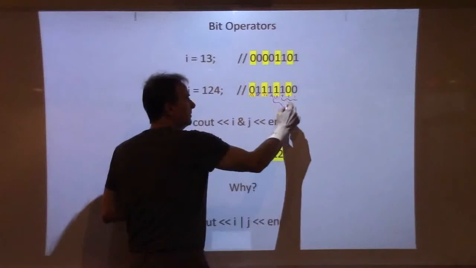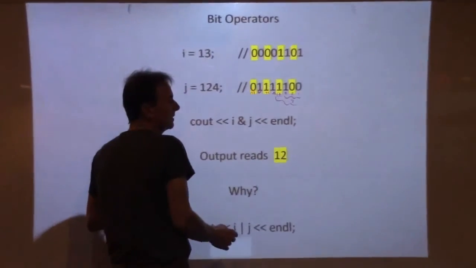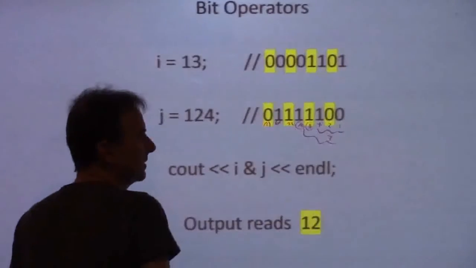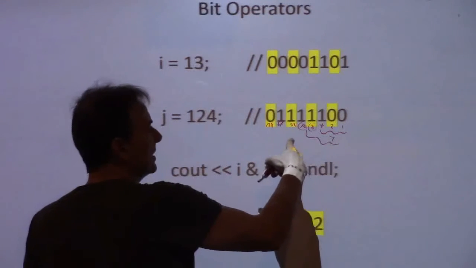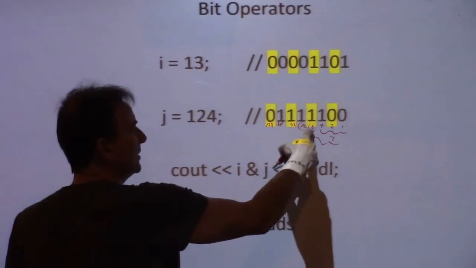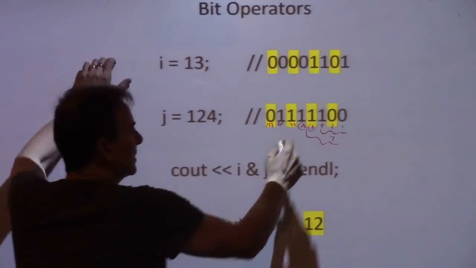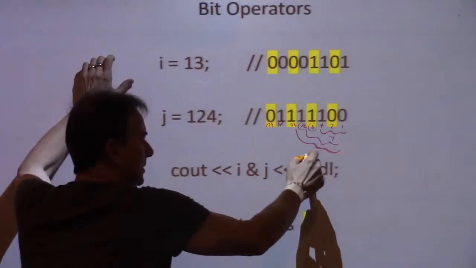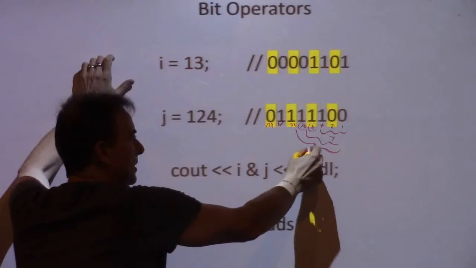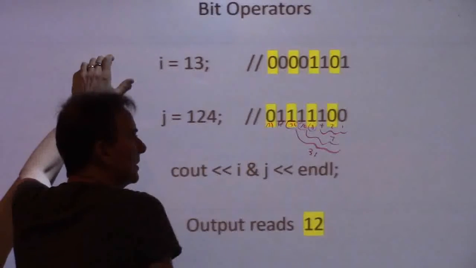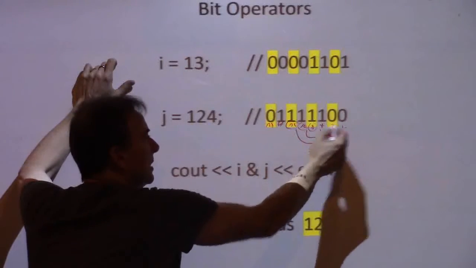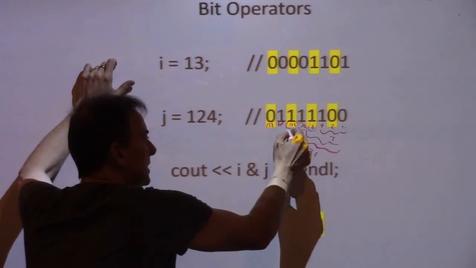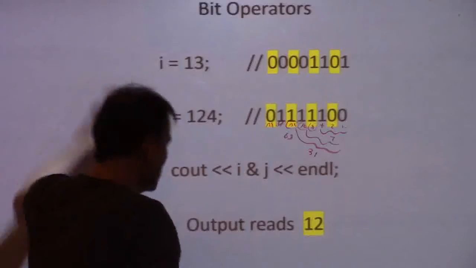If you add up 8 plus 7, you get 15, and this one is 16. If you add up 16 and 15, you get 31, and this one is 32. If you add up 32 and 31, you get 63, and this one is 64. So you get the idea.